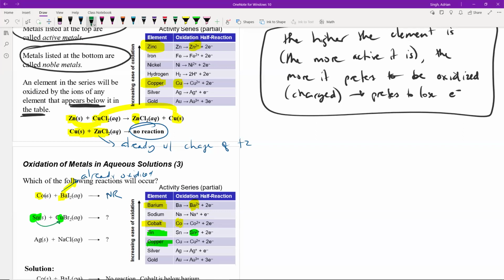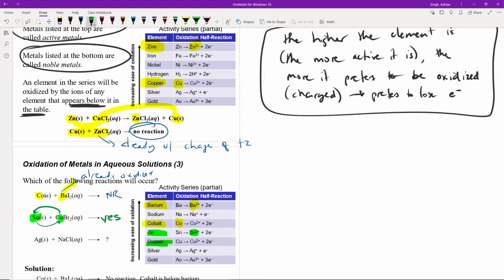It wants to be oxidized instead of the copper. It wants to reduce the copper, in other words. So yes, there will be a reaction here because the tin, being higher up, wants to combine with something, in other words, right? That's the whole point of this. The more active metal wants to combine with something, it doesn't want to be on its own.